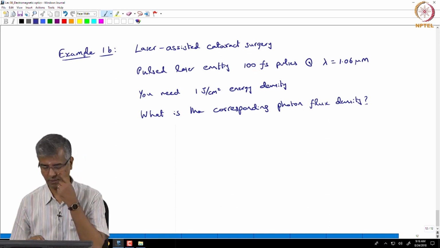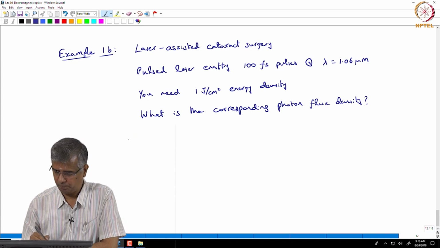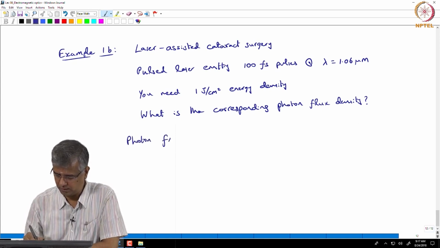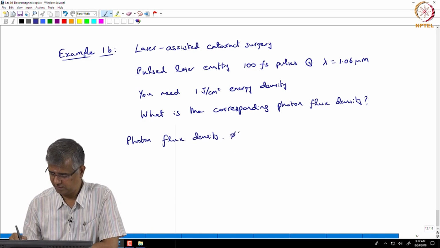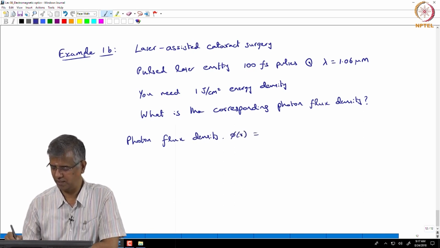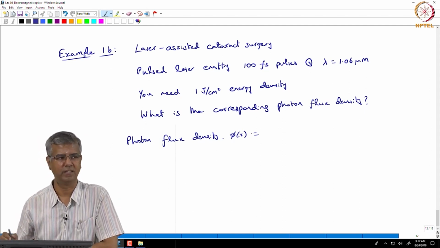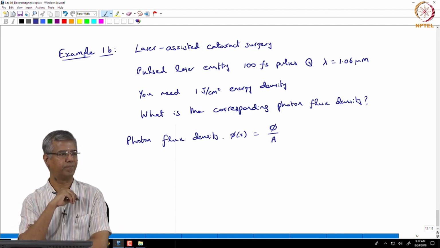So, that is what you are asked to figure out, and photon flux density, what do you think that corresponds to at a particular location? Let us say it is a small phi of r, would be what? Would be photon flux per unit area, right.